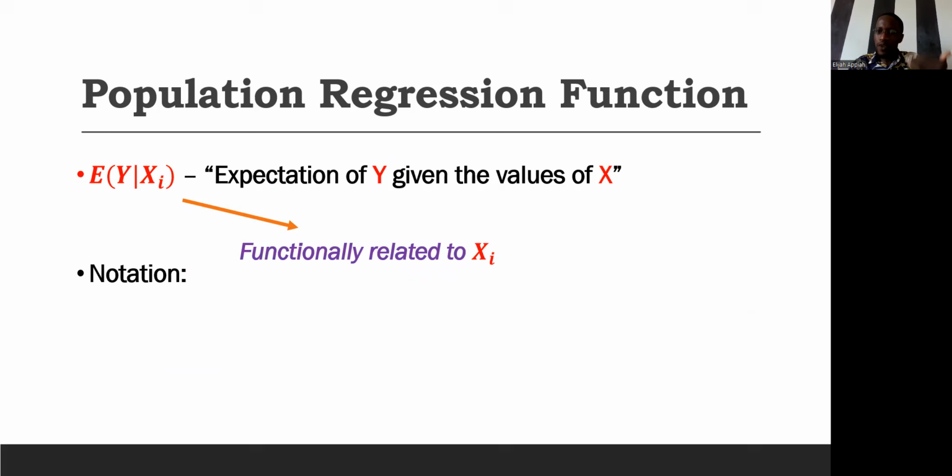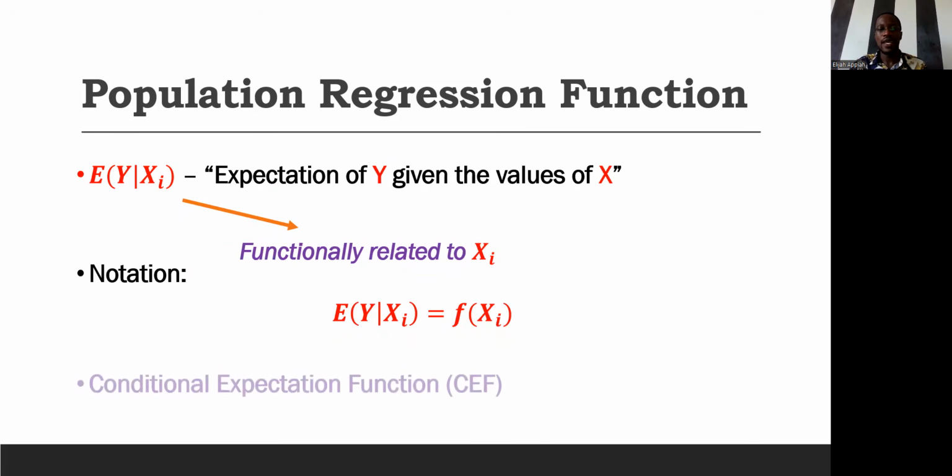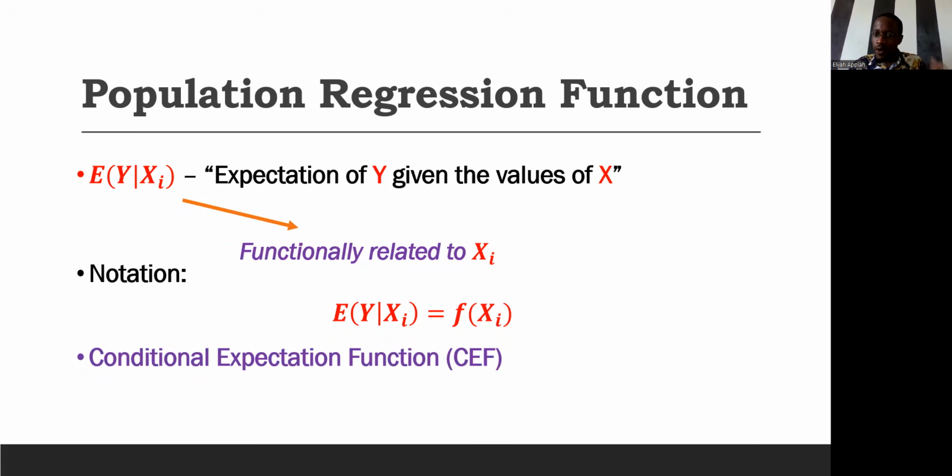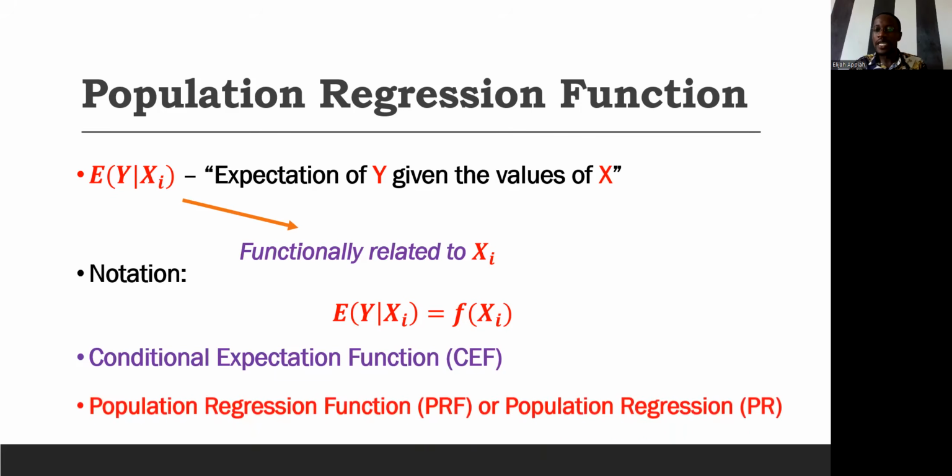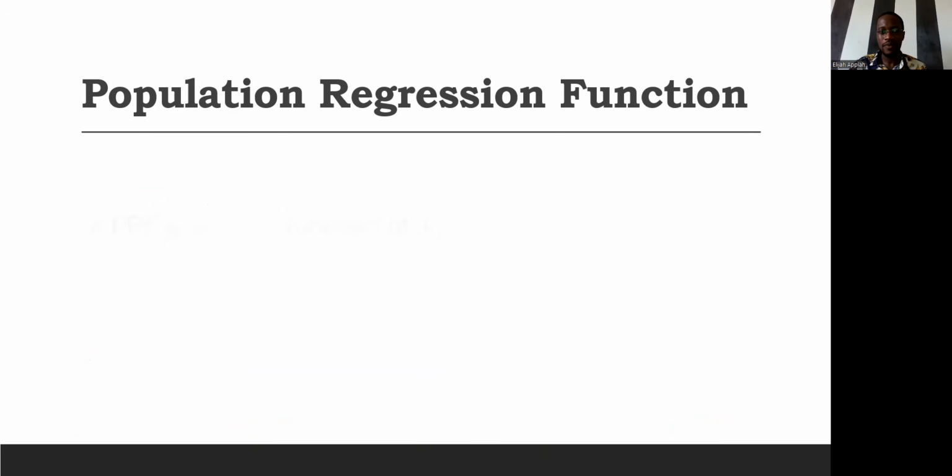So at the end of the day, the notation for this sort of expectation being functionally related to x would be of this form. It is simply a function of x. We call this the conditional expectation function, or population regression function, or we can just say population regression for short. This is what we mean by population regression function.